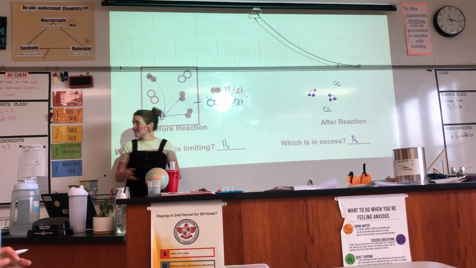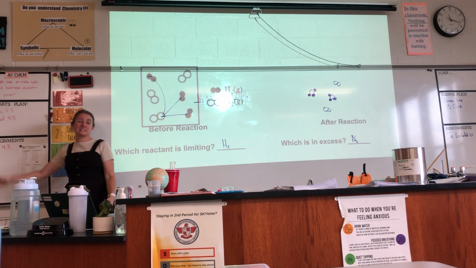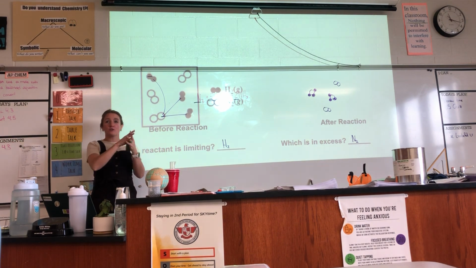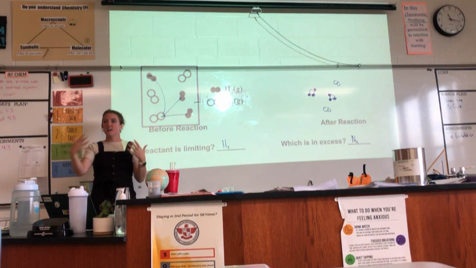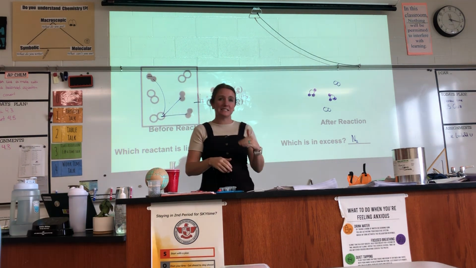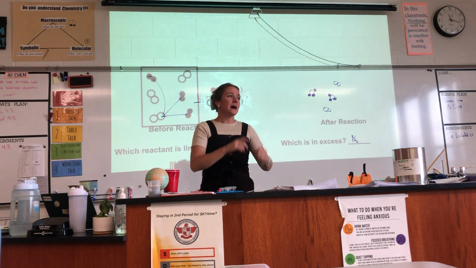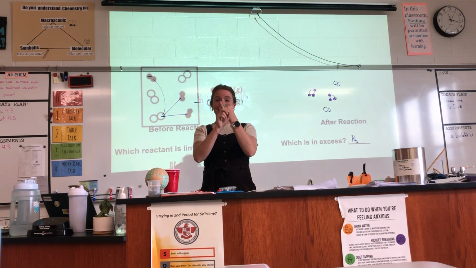This is what your homework 4.3 is all about: given these pictures, drawing me the end product of what will still be in the box. Now, once again, the biggest mistake and confusion I saw students make, and I added some extra things onto that homework to remind you, is that they forgot about things that were diatomic.